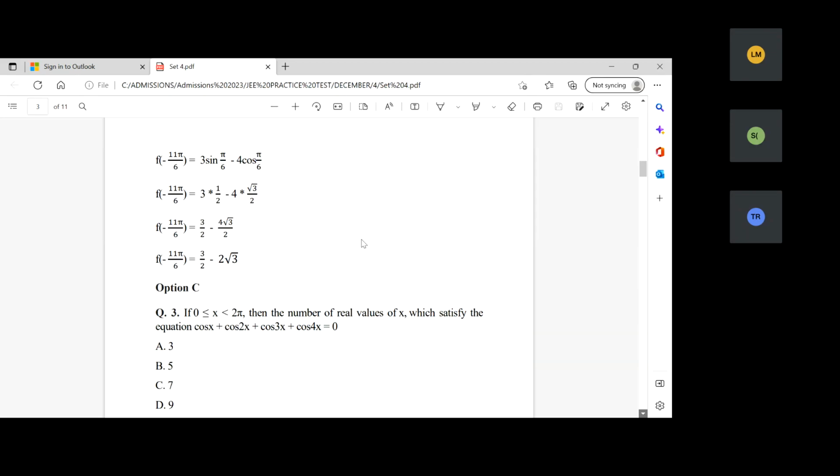I need to find the number of real values of x which satisfy the equation. Cos x, cos 2x, 3x and 4x, the sum of all of them is equal to 0. The options given are 3, 5, 7 and 9. So let's see who among you is going to solve this question.